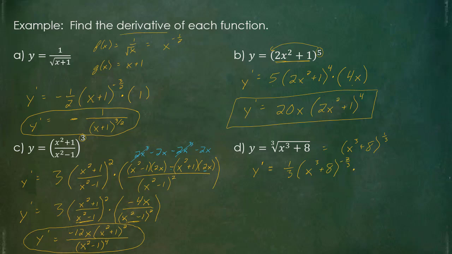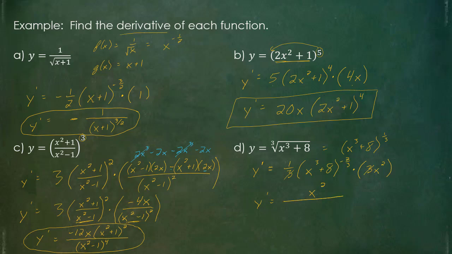And then times the derivative of the inside function, which in this case is that x cubed plus 8. Well, the derivative of that would turn into 3x squared, plus 0 technically. So now if I look at what I have, looks like the 3 should be able to cancel with the other 3 that's on top. So this would now be only, it looks like, x squared in the numerator.